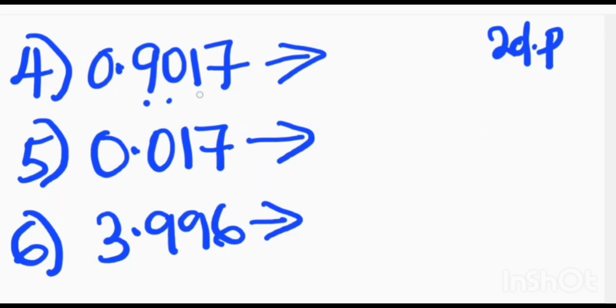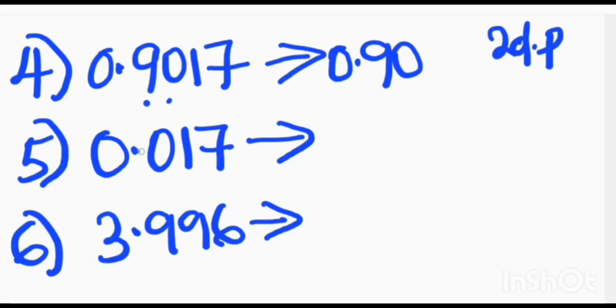But before then, we're going to consider the third number, if it is up to 5 and above. So in this case, it is not up to 5. So we'll just pick the numbers we have. Now, if it was up to 5 and above, we're going to add 1 to this second number here. Okay, but since it is not up to 5 and above, our answer here is going to remain 0.90.